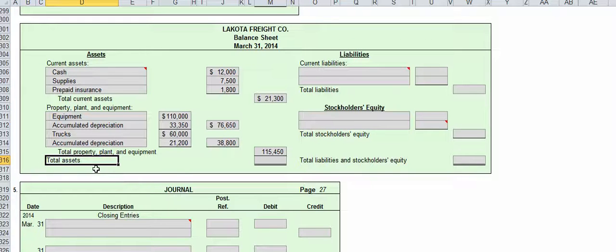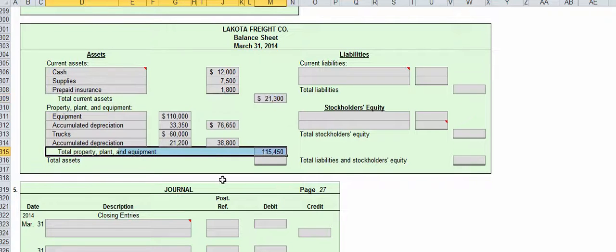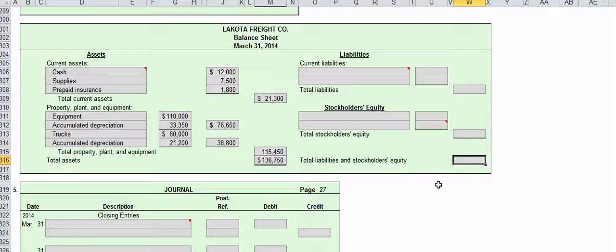And we'll get total assets by adding together total current assets and total property, plant, and equipment. So total assets is equal to 21,300 plus 115,450, 136,750. And we hope we will get the same number over on this other side once we finish the other side of the balance sheet.